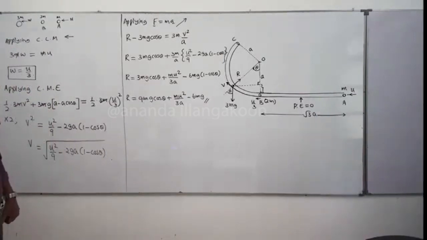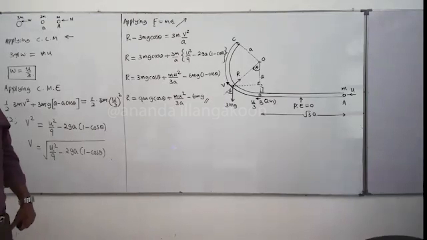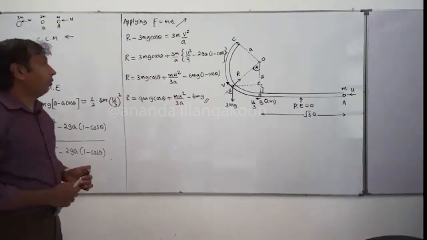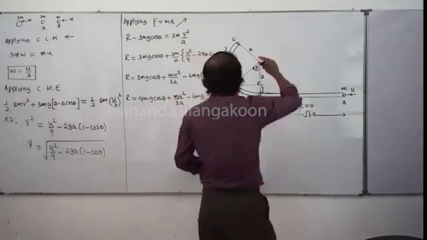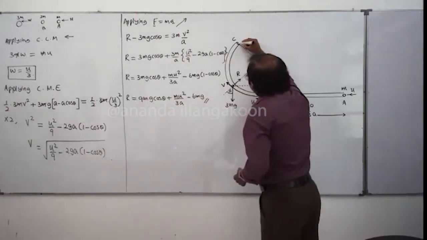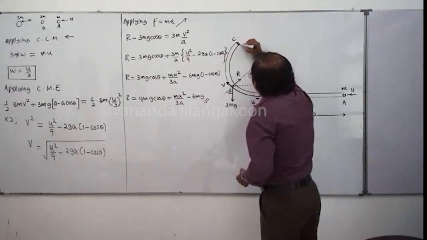Next one asks: if the composite particle moves through the tube and leaves it at C, then show that u is greater than this answer. Now the particle is coming out into the air, leaving from the point C here.